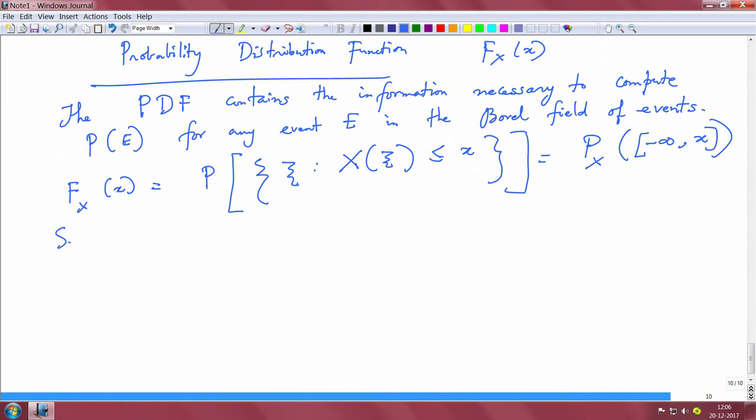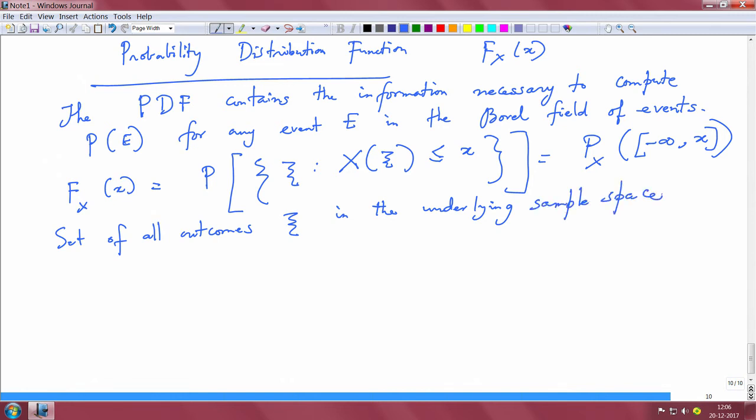So, this is basically the set of all outcomes zeta in the underlying sample space such that X of zeta assumes values less than or equal to some chosen small x, right.